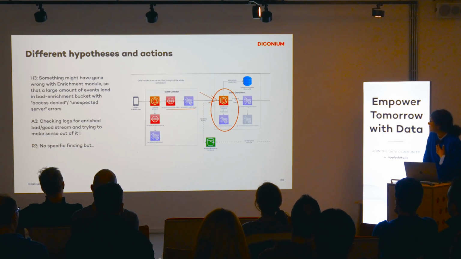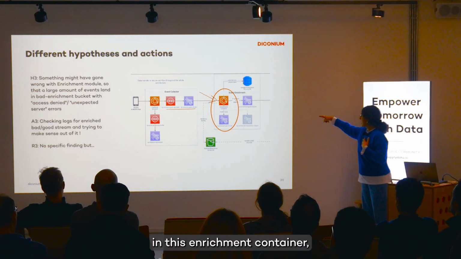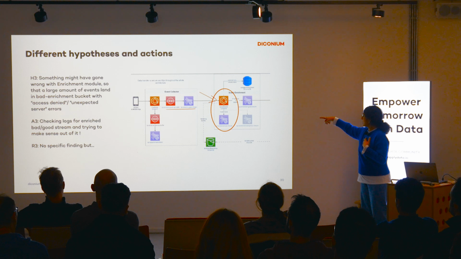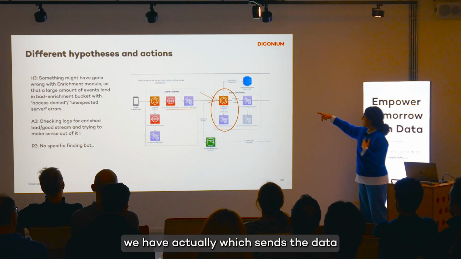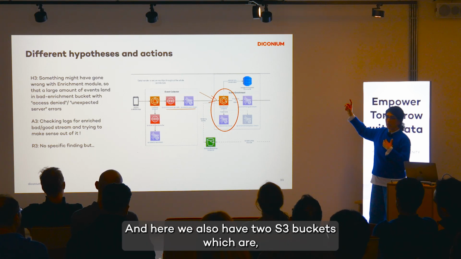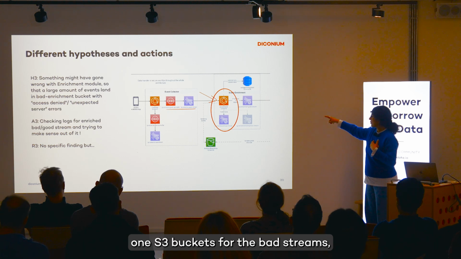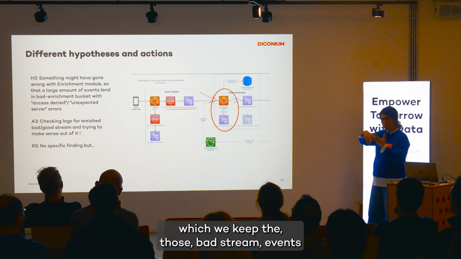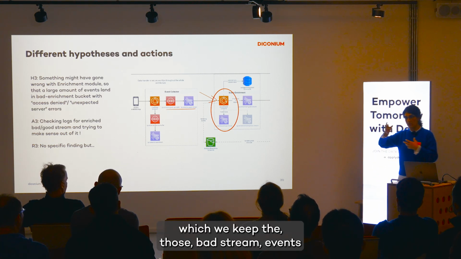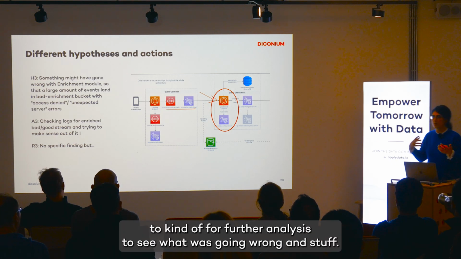And then, as you can see here, in this enrichment container, we have the part which sends the data to the SP enrichment good stream and bad stream. Here we also have two S3 buckets, one S3 bucket for the bad streams, where we keep those bad stream events for further analysis to see what was going wrong.